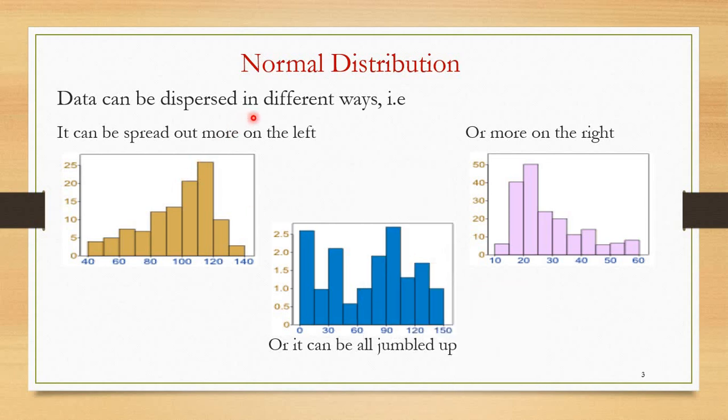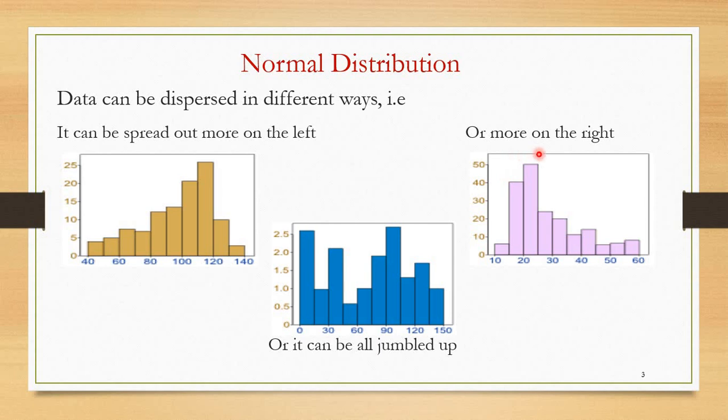Data can be dispersed in different ways. It can be spread out more on the left, like you can see in this figure, where the peak of the data is on the right side and the tail is on the left side, or more on the right, where the peak is at the left side and the tail is at the right side.